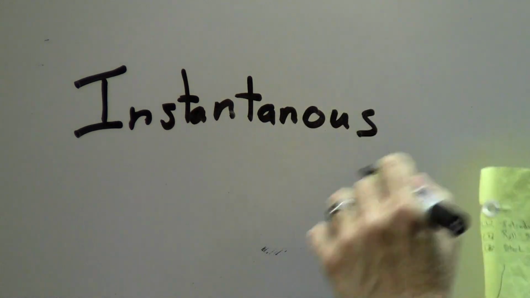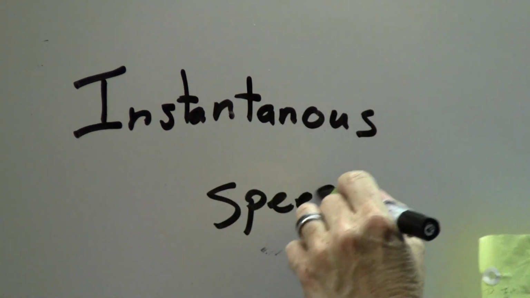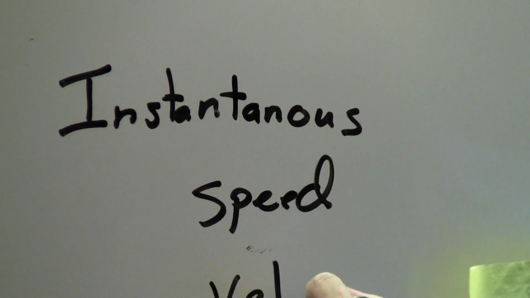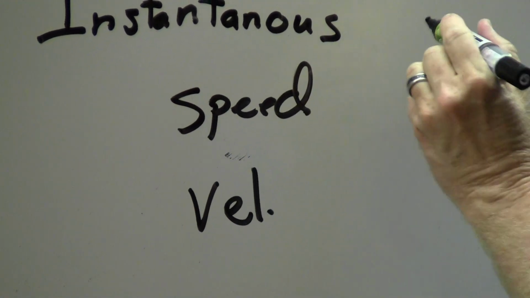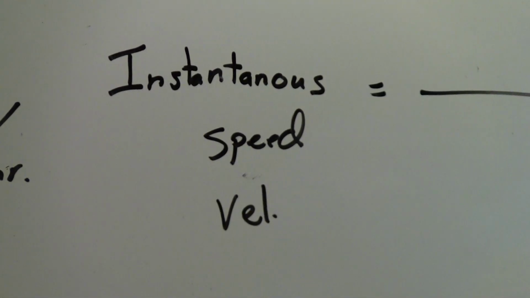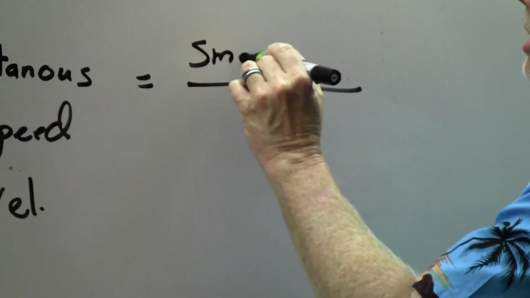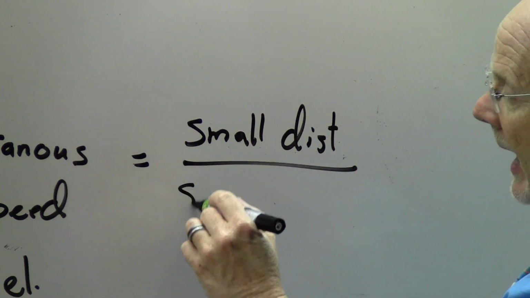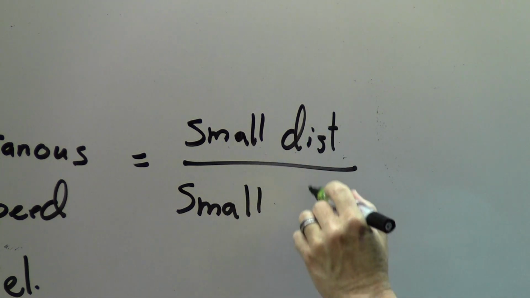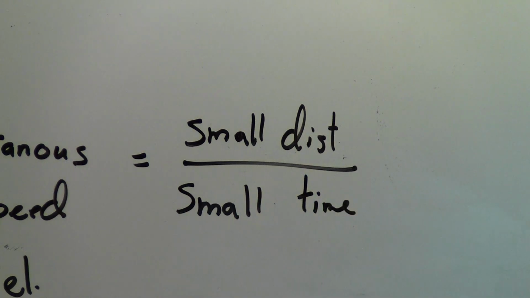And so let me call this the instantaneous speed, or even the instantaneous velocity. You might describe it as a small distance and the corresponding small amount of time.